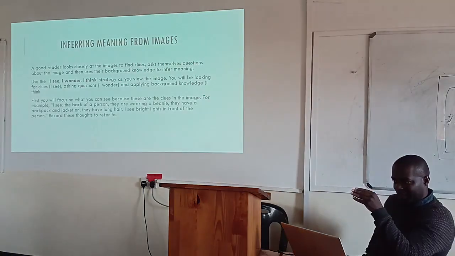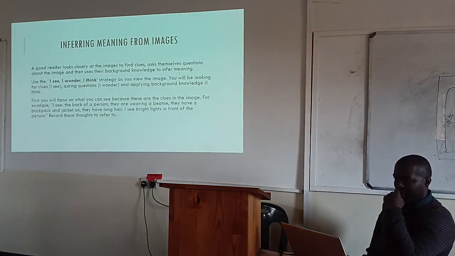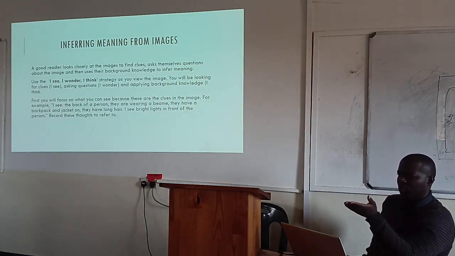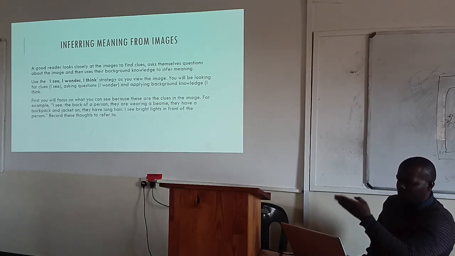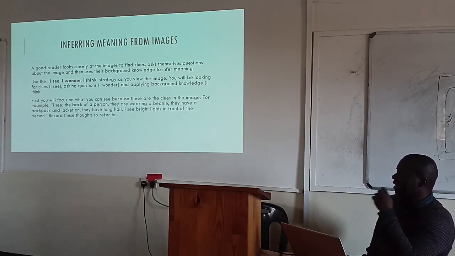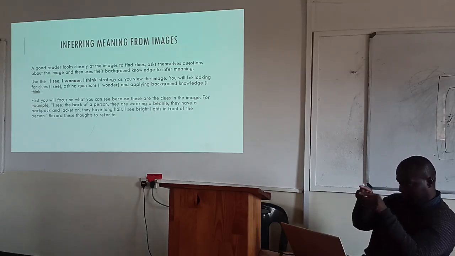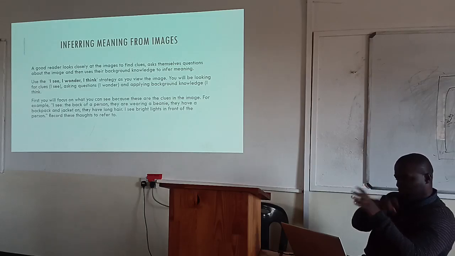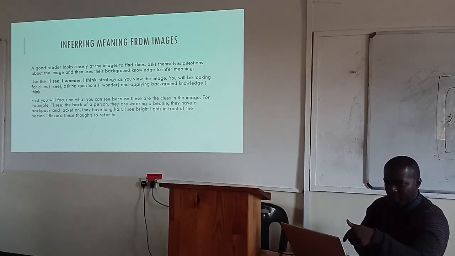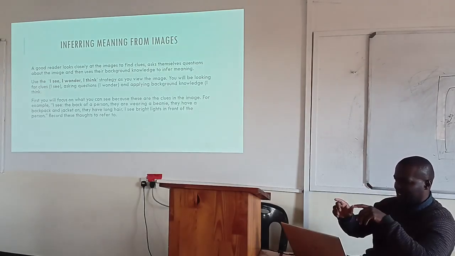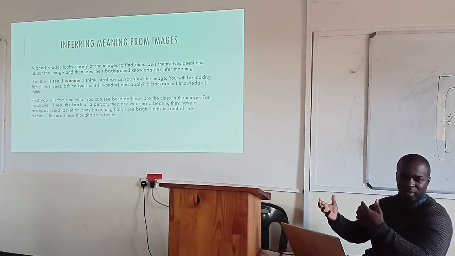So if they say a happy winner, and then they have an image with a person looking sad, what can be your conclusion? Look, this person has won, but look at the way he looks. I think he's not happy. You are making an inference by analyzing the text and the image, isn't it? You have heard that he has won, but the image doesn't show that he's happy.